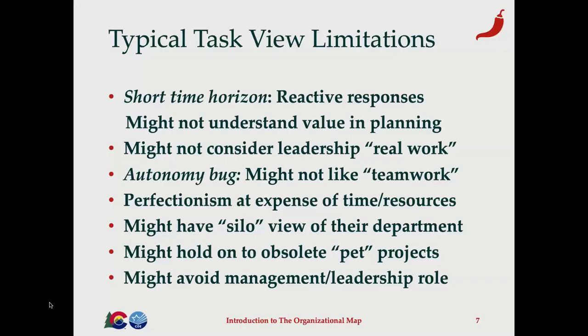Sometimes there's that silo approach, my head's down, I'm getting the work done, I'm not paying attention necessarily, as I said before, to how what I'm doing and the decisions I'm making are impacting what's going on around me. And I might also be holding on to things that I really love to do that no longer are relevant.